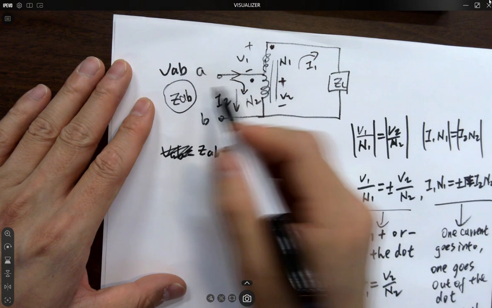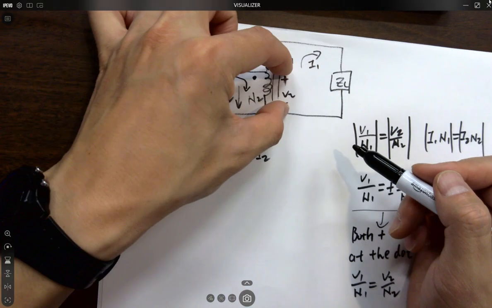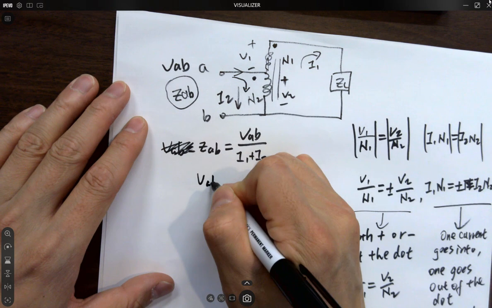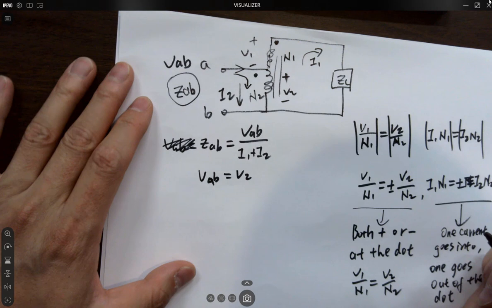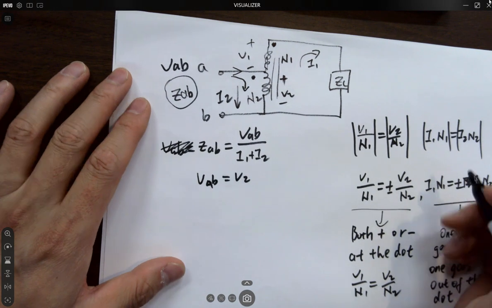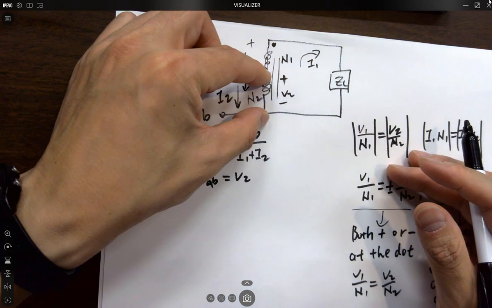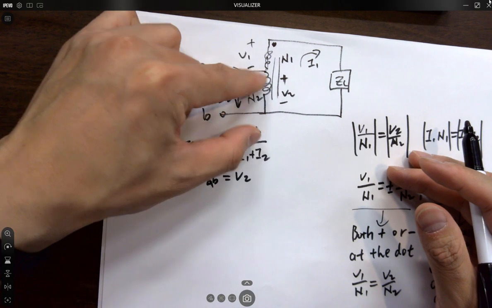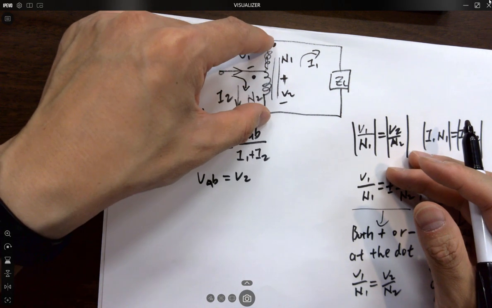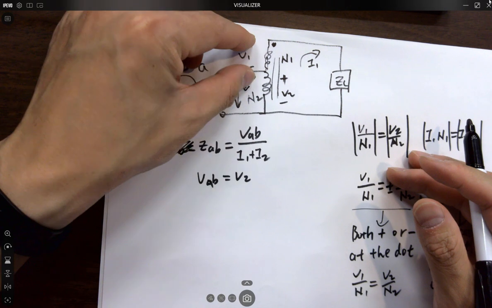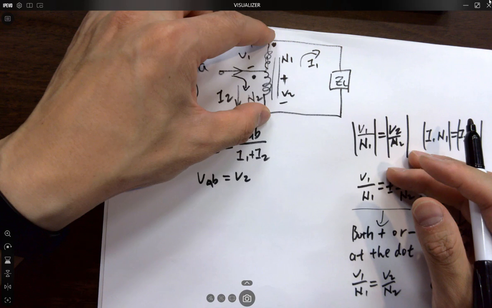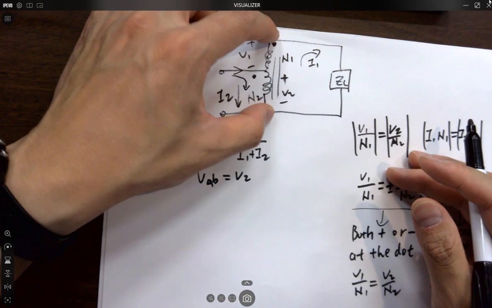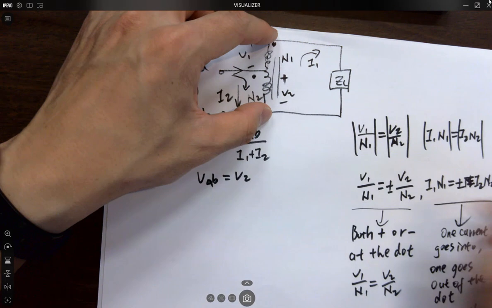And VAB is exactly V2 plus V1, like two batteries stacking onto each other. So overall it's V1 plus V2 across these two terminals.